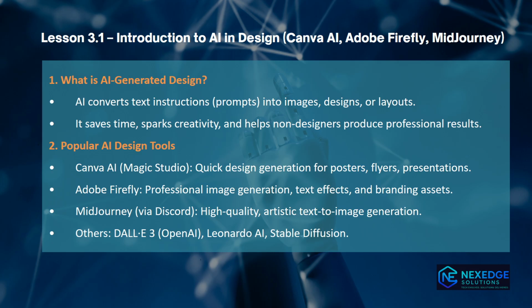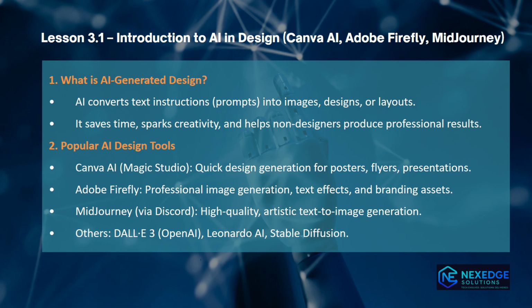It's for quick design generation for posters, flyers, presentations. And also Adobe Firefly, the professional image generator, which can generate professional images for you. It's also used for text. You can also create text effects and also branding assets.